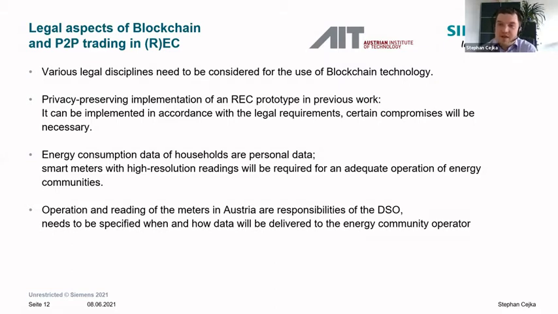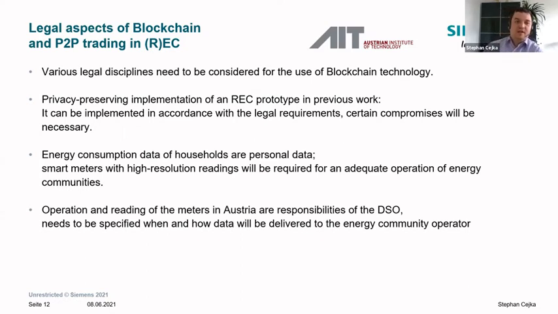This is especially important since energy consumption data of households are counted as personal data, especially because high resolution meter readings are necessary that provide insights into the personal habits of households and their inhabitants.